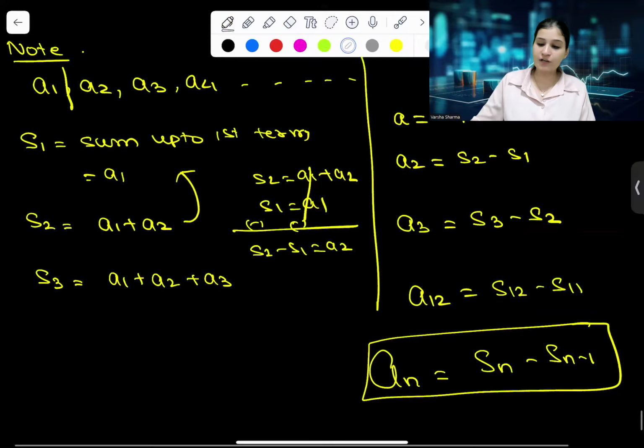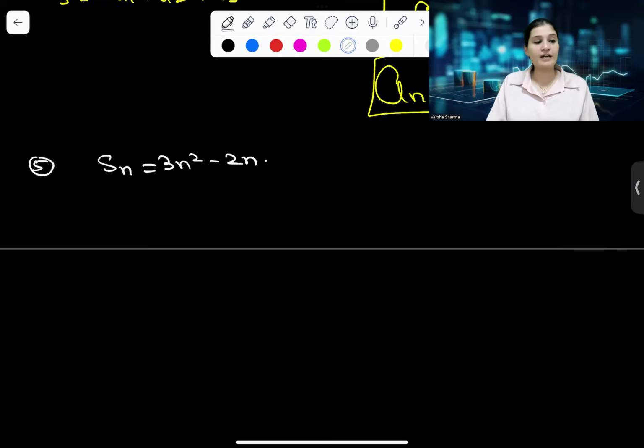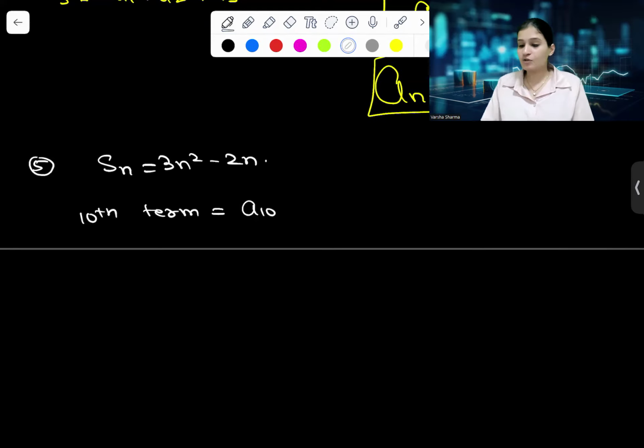So if the question tells us Sn is 3n square minus twice n, and what I want is the 10th term, that is A10. So what will be the formula of A10? S10 minus S9.